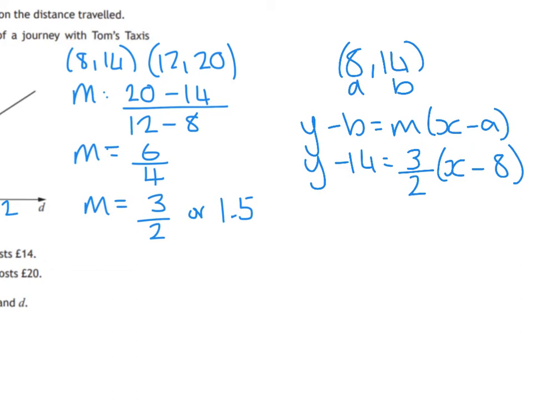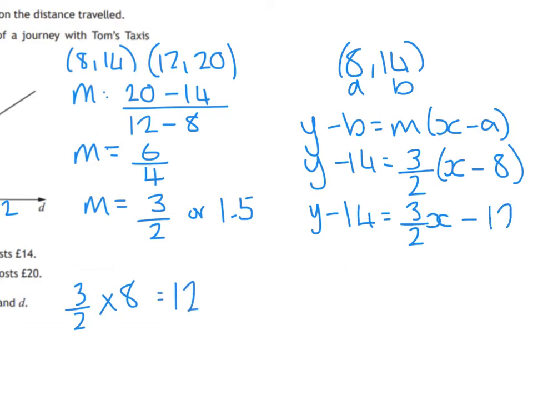Now you have an option here. We could multiply the whole left hand side by 2, or we could multiply the bracket out by 3 over 2. Are you confident at doing 3 over 2 times 8? Let's have a wee look. So y minus 14 equals 3 over 2 x minus, and remember 3 over 2 times 8, if we go back to first year, good old divide by the bottom, times by the top. 8 divided by 2 is 4, 4 times 3 is 12.